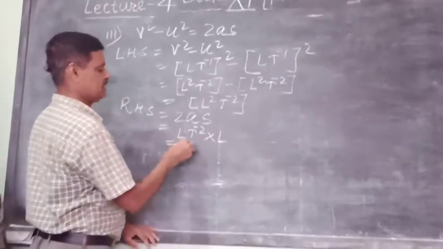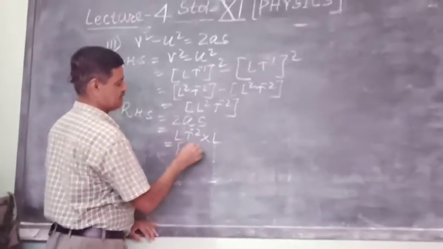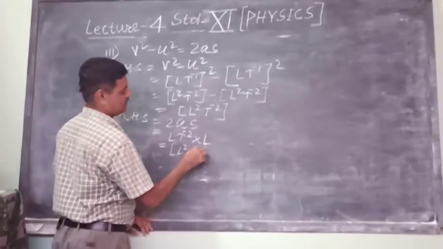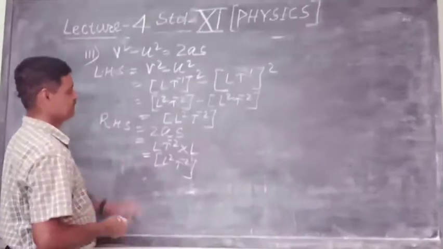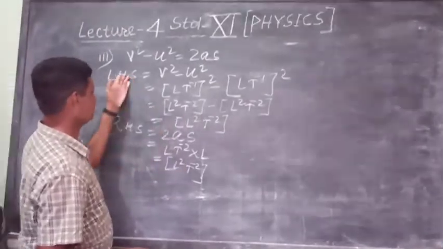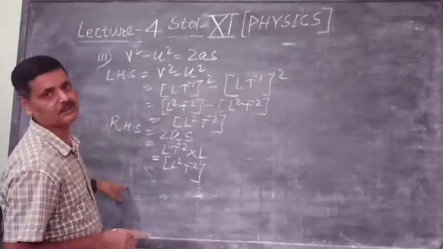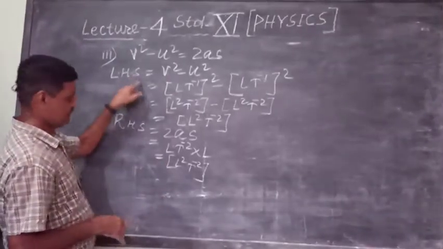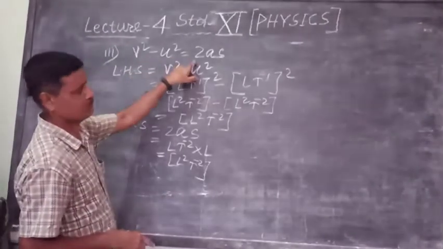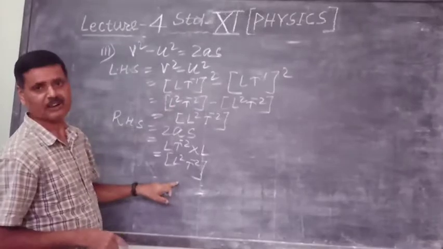So we will write L^2 T^-2. You can watch, the dimension of both LHS and RHS are the same. And finally, you should write, hence the given formula is dimensionally correct.